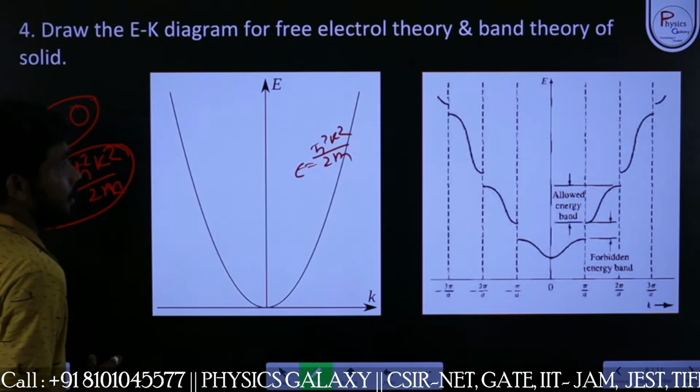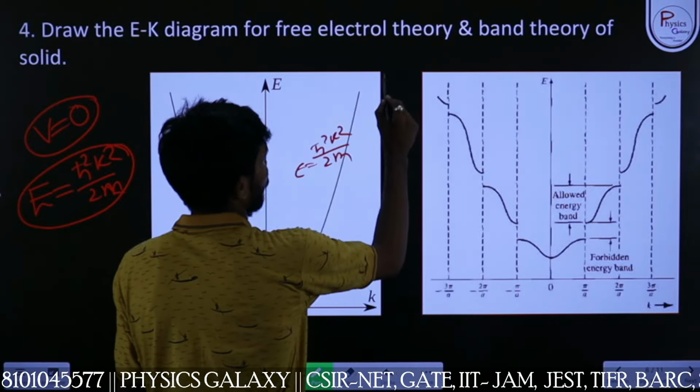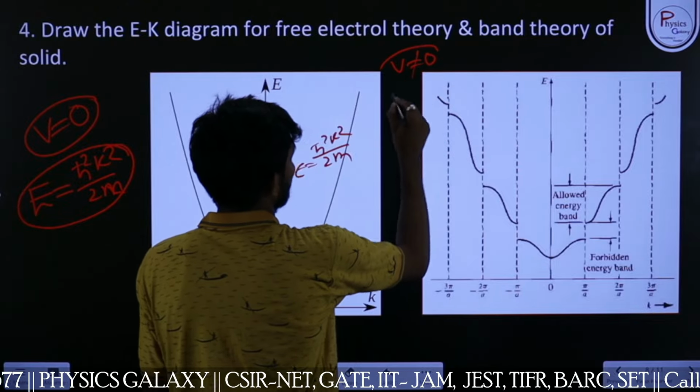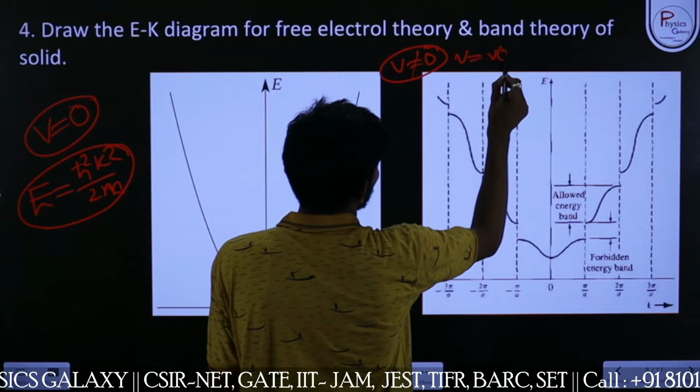For the band theory of solids, we assume that the potential is actually not 0. It is a periodic potential.